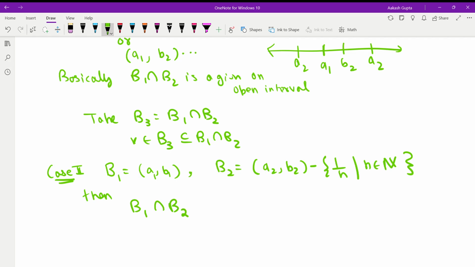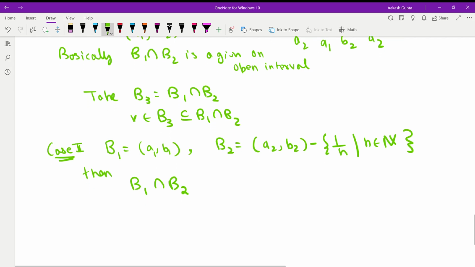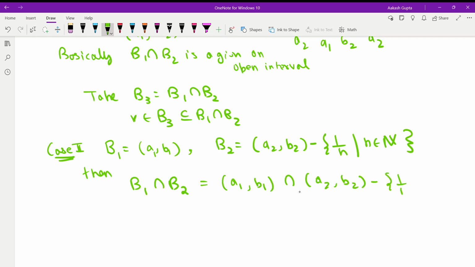See, what would be B1 intersection B2? Can anyone tell me about this? Of course you cannot tell me, I'm teaching to a screen, but try it. What would be this B1 intersection B2? It is something like this: (A1, B1), and first of all, this thing (A2, B2) minus this set.